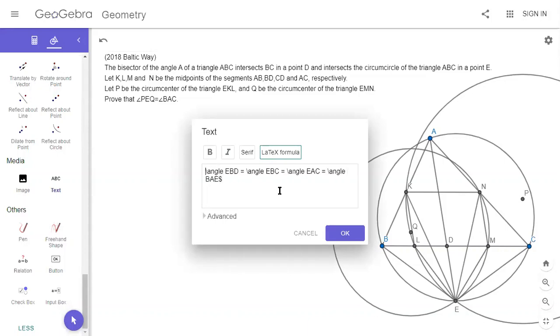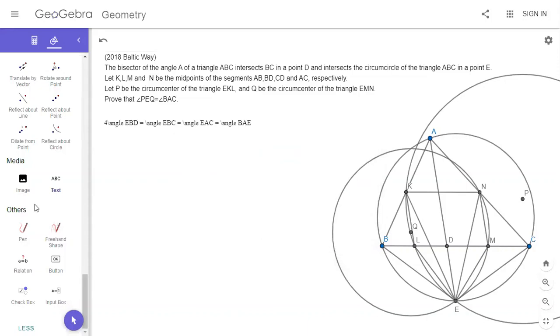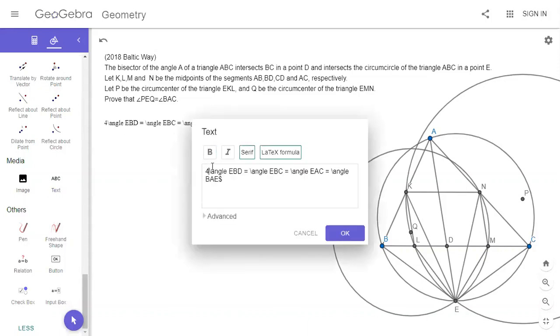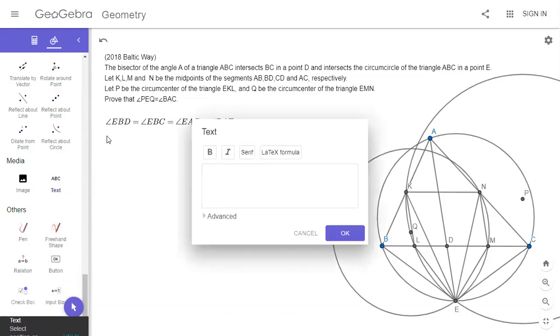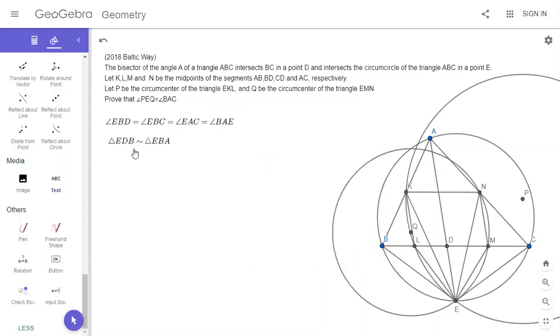And so that means triangle EBD is similar to triangle EBA because they have two equal angles.